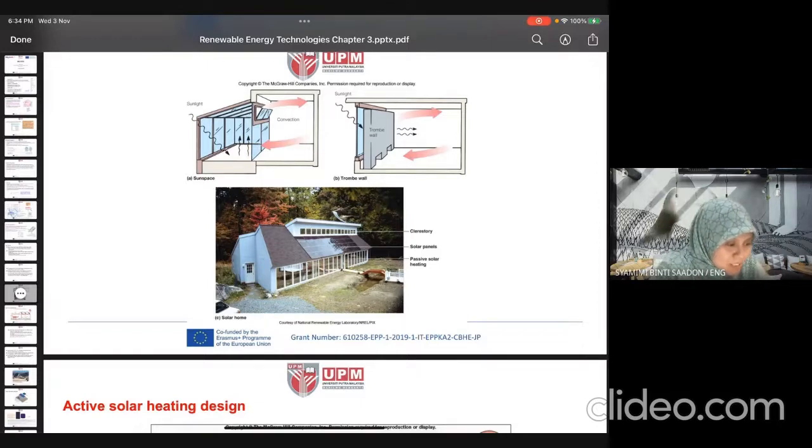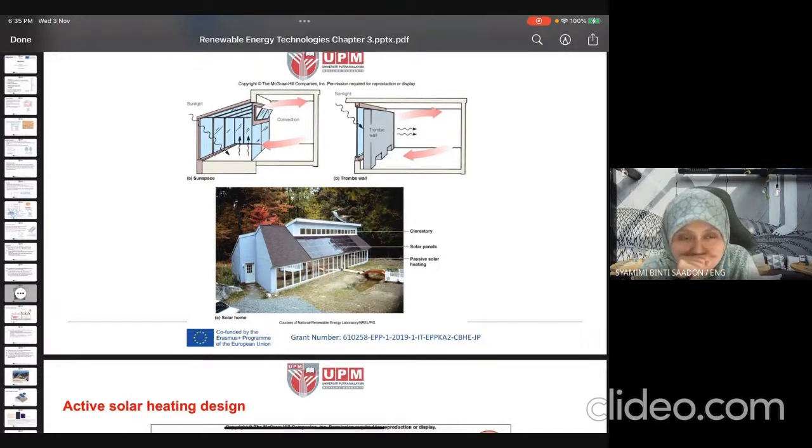For example, this one is a sun space and storm wall. These are some examples of integrating solar. Normally we will use solar PV, solar panels. But A and B, the sun space and storm wall, are actually without solar panels.